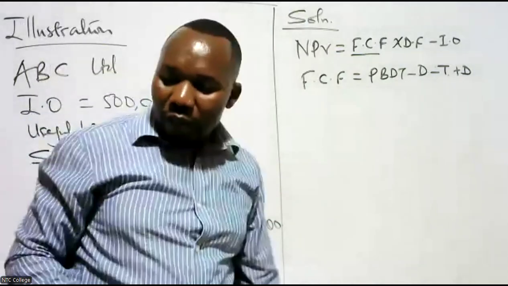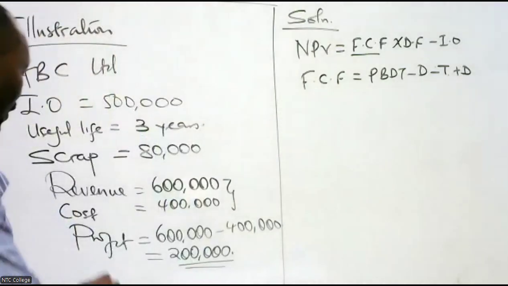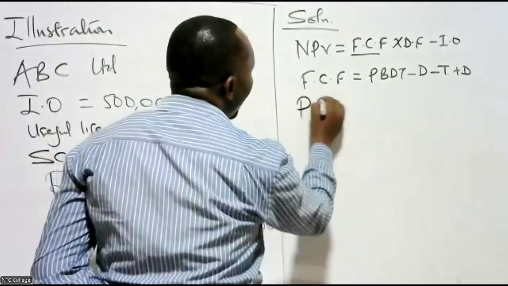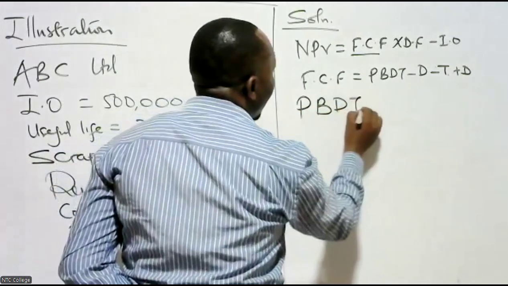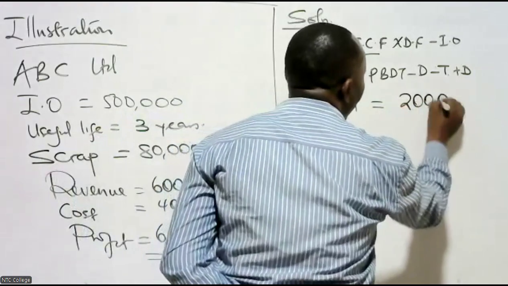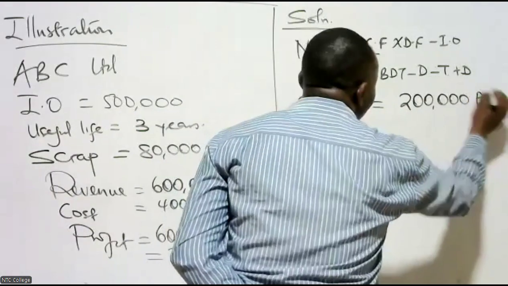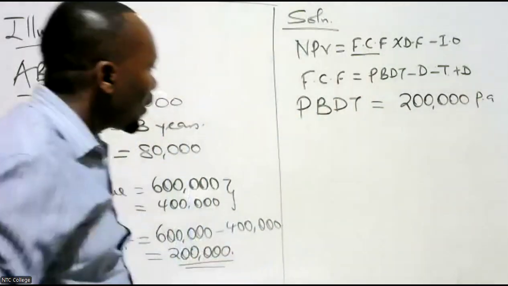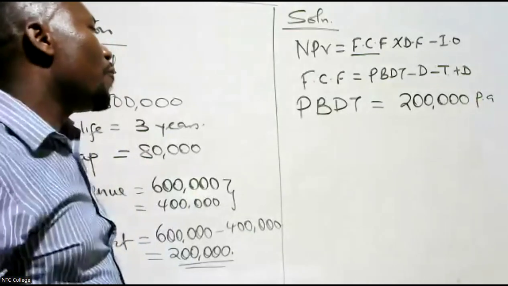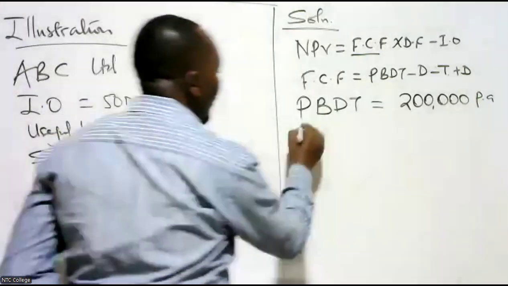And I want to show you how important it is. So we have our profit before depreciation and tax, which is given as 200,000 per annum. This one is per year. Now we need to deduct the depreciation here so that we can get profit before tax.